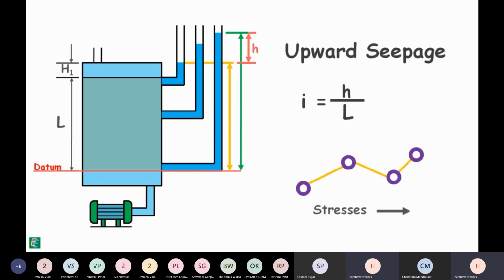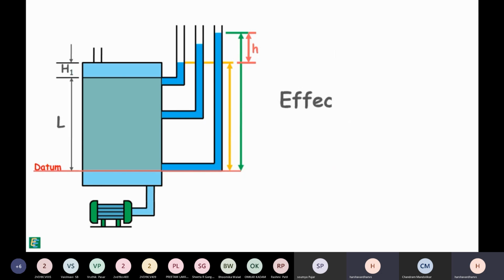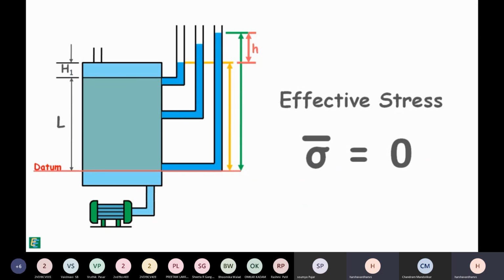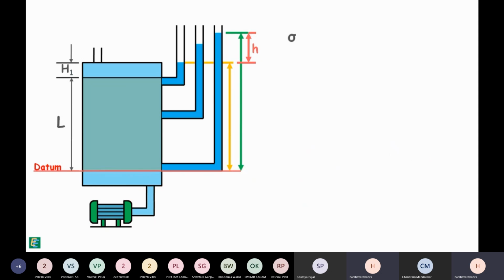Let's analyze the stresses again. Effective stress at the top surface is again 0. Now at the bottom surface, total stress is because of this water, gamma w H1, plus because of saturated soil, gamma sat L. Notice that total stress is unchanged.